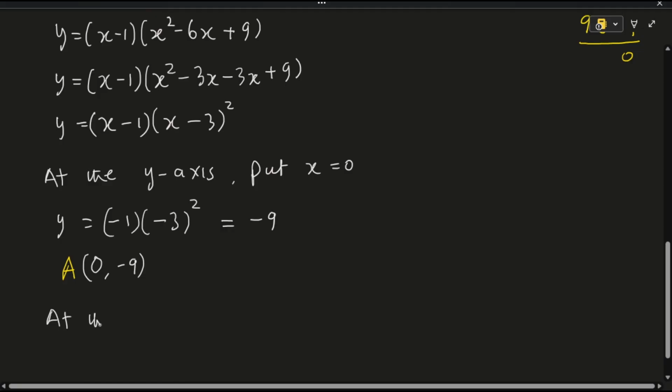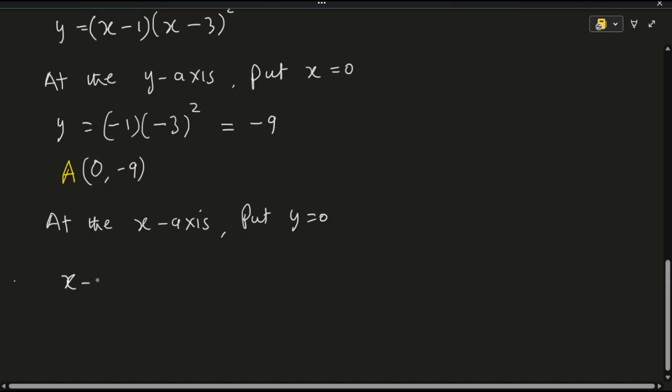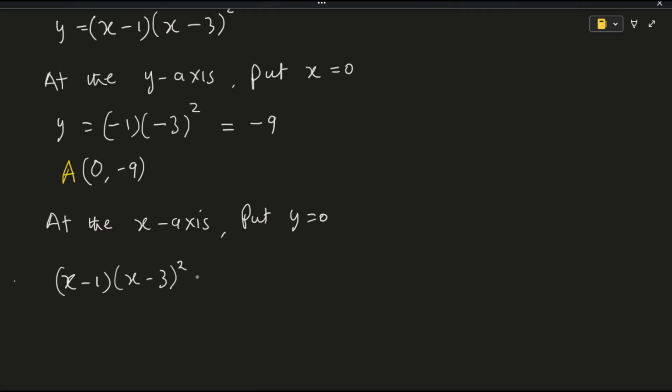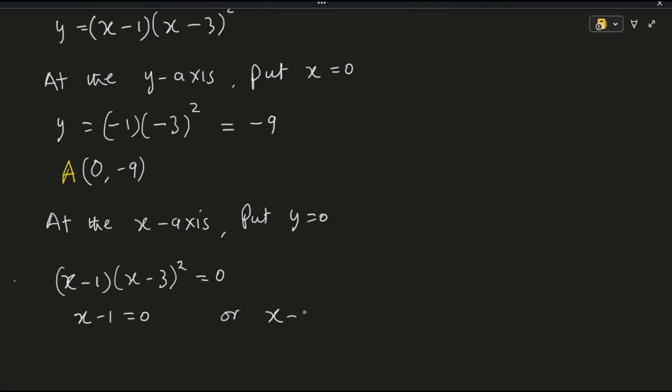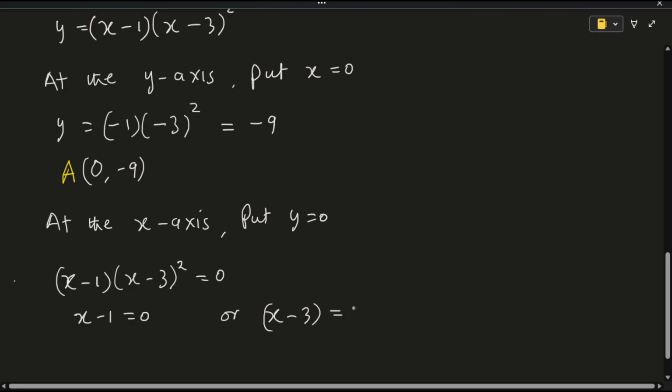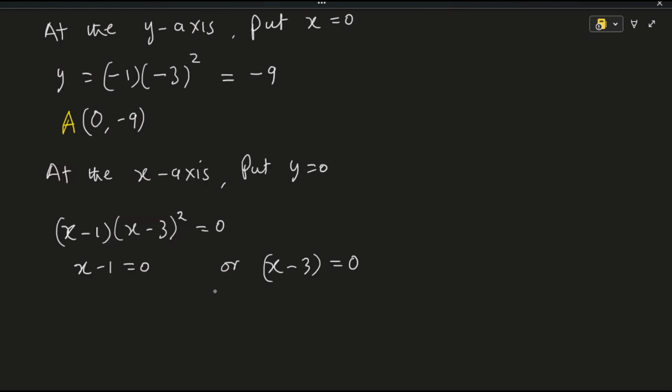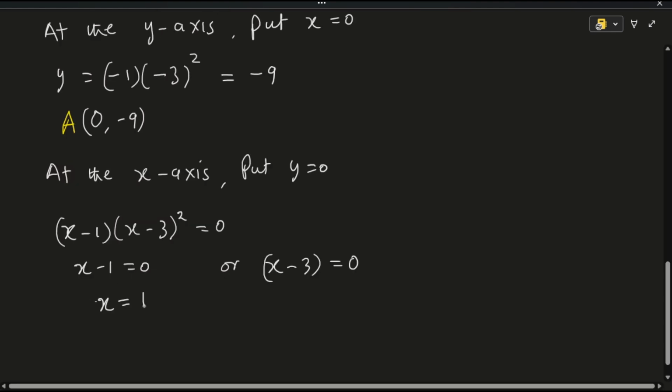Now, at the x-axis, we put y equal to 0. So it means that either x minus 1 is equal to 0 or x minus 3 is equal to 0. x minus 3 is occurring 2 times, and so we just ignore one of them. So x is equal to 1 or x is equal to 3.